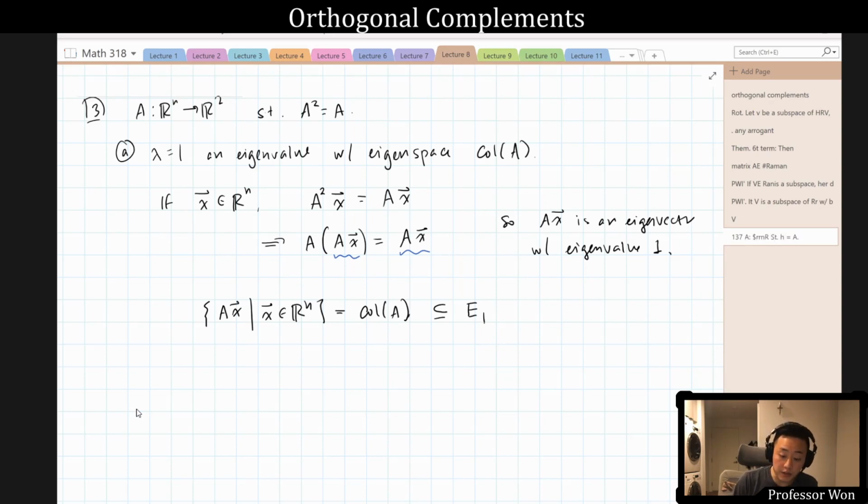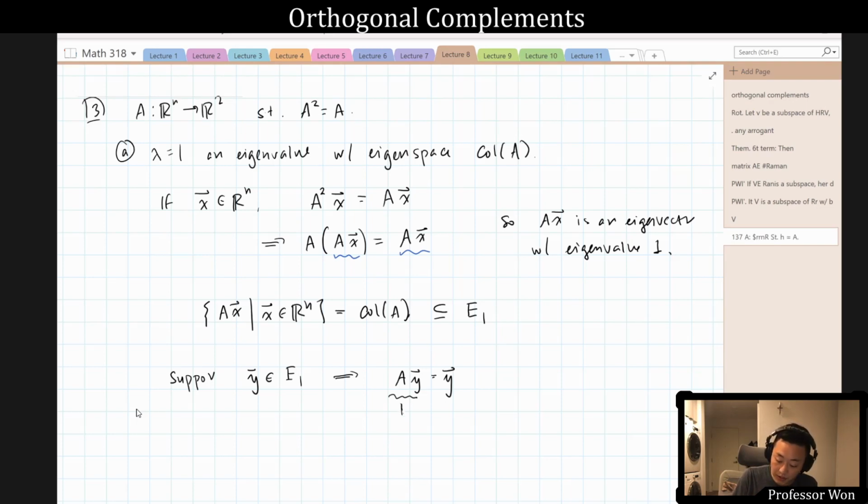And the opposite inclusion takes just a little extra thought. So suppose that y is in the E1 eigenspace. What does that mean? That means that Ay is equal to y. Right, but now look, that already shows that y is in the column space because y is equal to A times something.